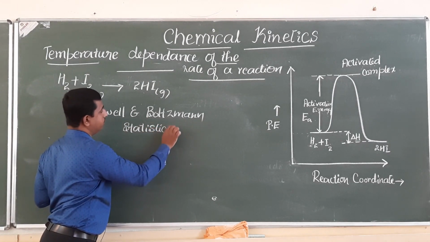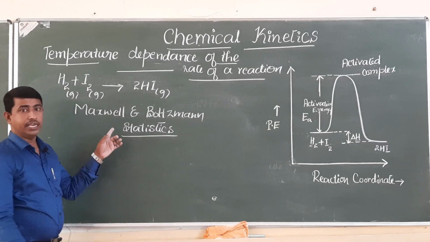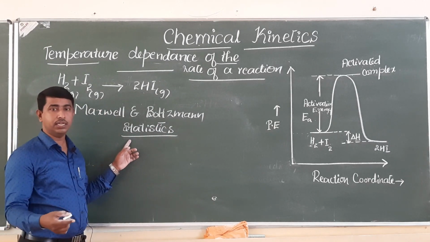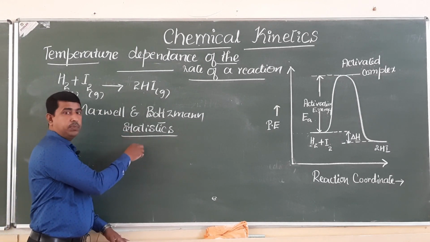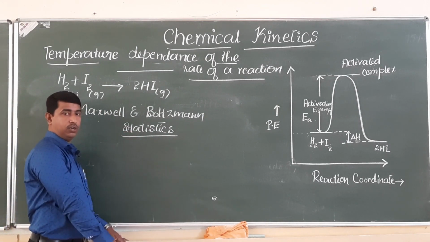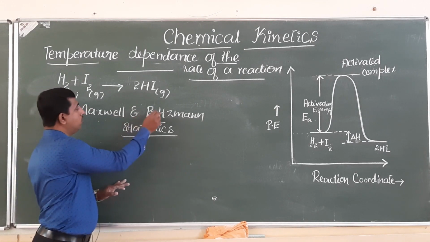They used a statistical curve to explain the energy distribution among the gas molecules. In order to explain the behavior of the gas molecule, Maxwell and Boltzmann took statistics.